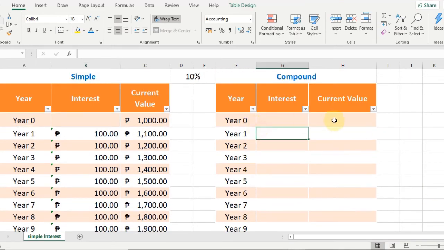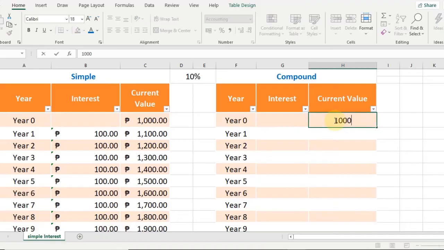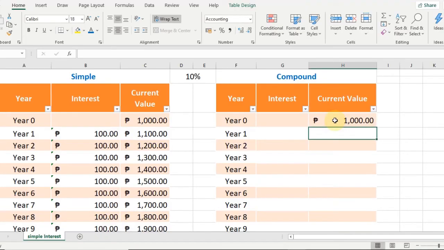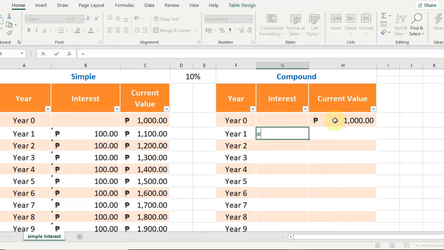What about for compound interest? Suppose I also deposited 1,000, but this time I will invest it in a bank which gives 10% interest. Well, in real life, all banks use compound interest, okay? Anyway, so for the first year, you will get 10% of 1,000.